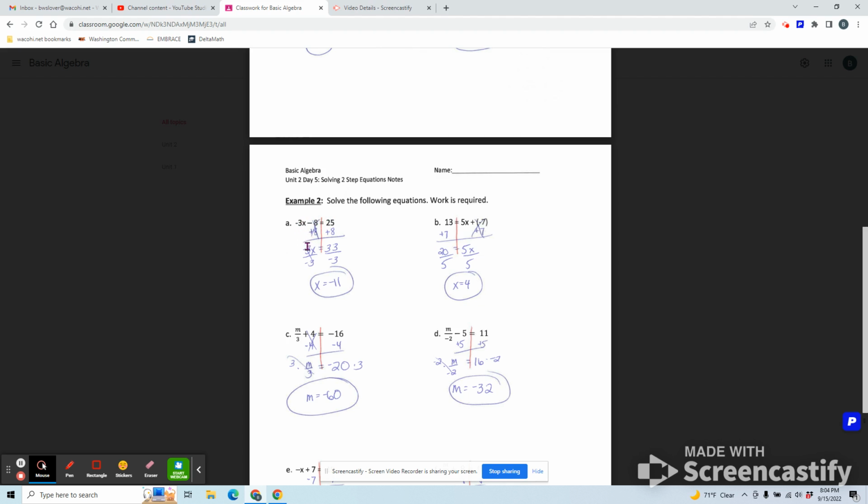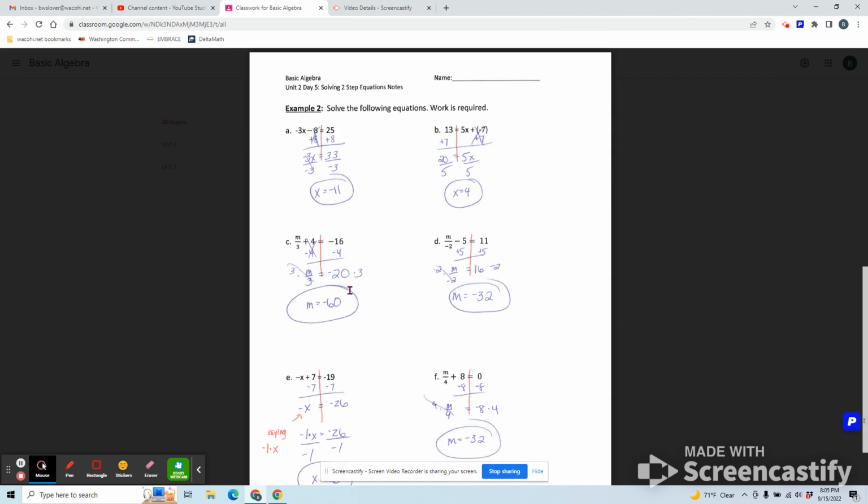I still have that negative 3x. Make sure you bring that negative with it. Negative 3x, and then on the right hand side of the equal sign I have 25 plus 8 gave me 33. So now I've got negative 3x, or negative 3 times x, equals 33. So I'm going to divide both sides by negative 3, and I get x equals negative 11.